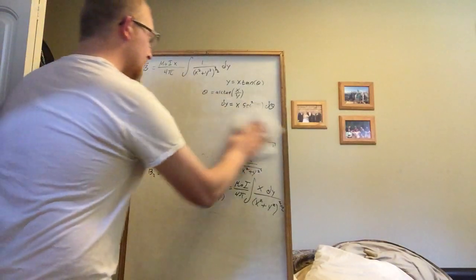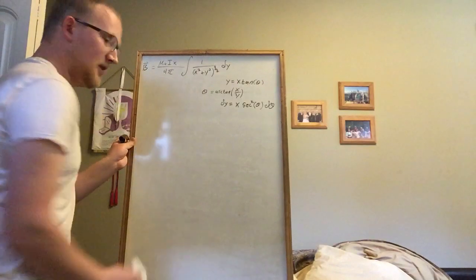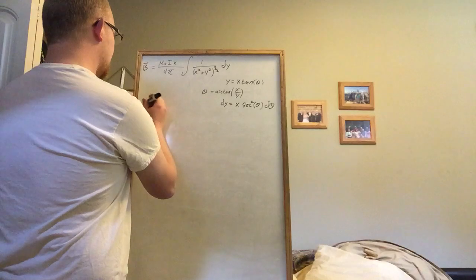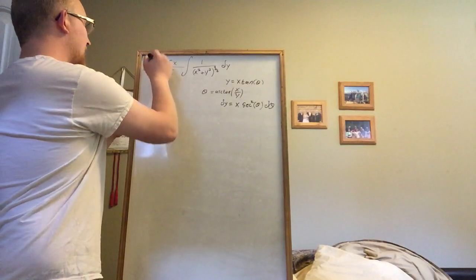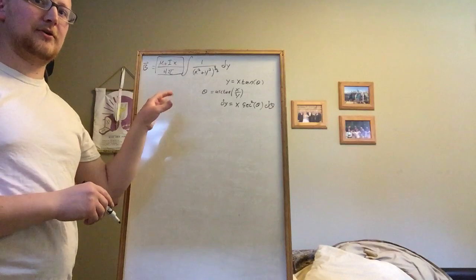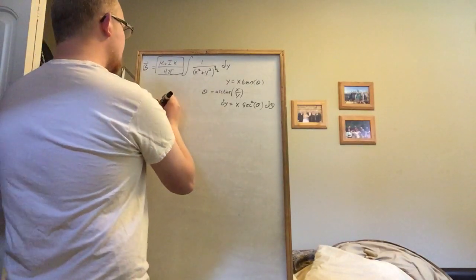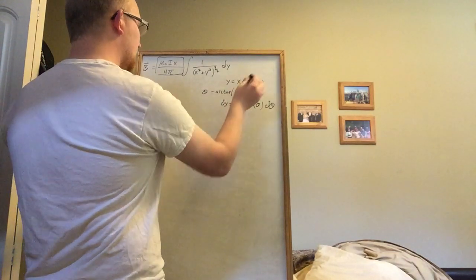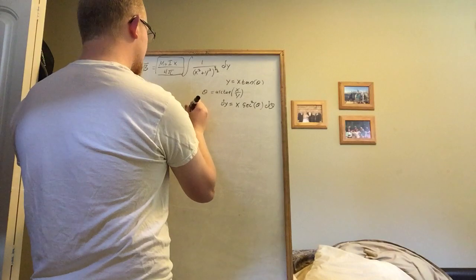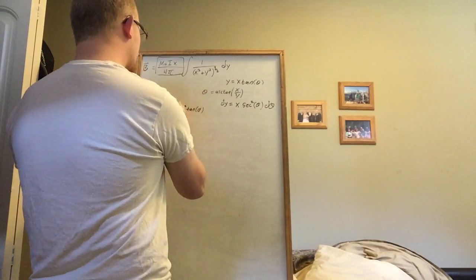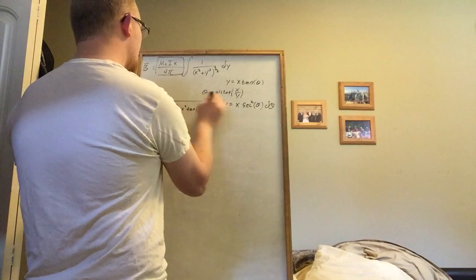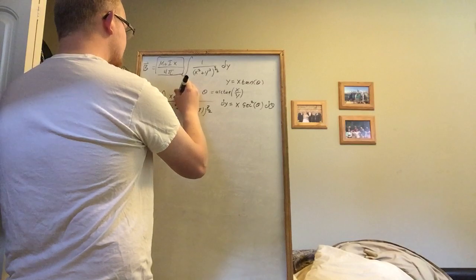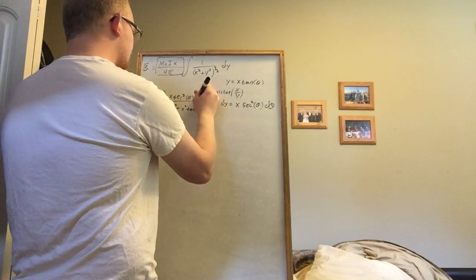And so, now that we have that substitution, what we can do is plug it in. For this part, I'm just going to carry down the integral, and then we'll plug that stuff back in later. So the integral we're looking at is x squared plus y squared, which will be x squared tan squared theta, all to the 3/2, all over 1 times dy, which we found was x secant squared theta d theta.